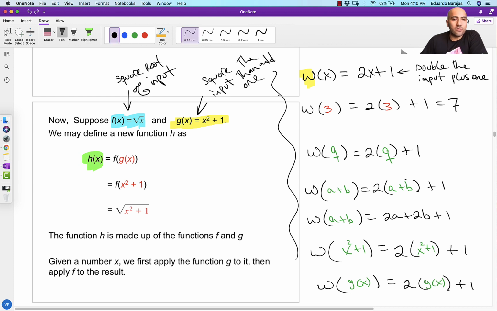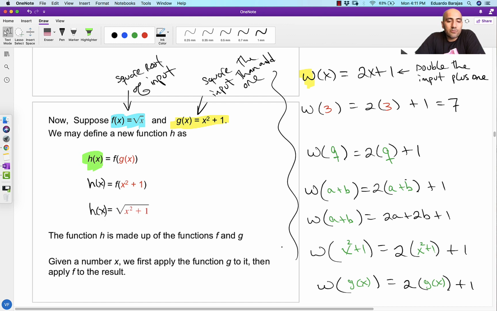The h of x function, oh, and this should have been copied along. So this is the h of x function. Once we see it in this form, maybe we lose track of where it came from or how it came about. Hopefully it's clear. So the function h is made up of the functions f and g.